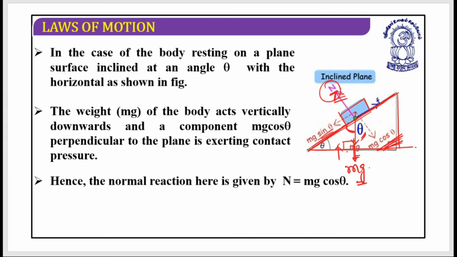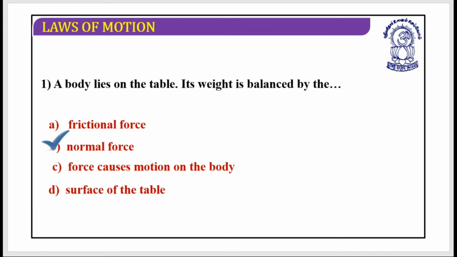Is it clear? Are you clear with the normal force? Are you sure? Let's check it out. What does it say? A body lies on the table and its weight is balanced by the... So the situation is, its mass is m. Let's apply all the forces that we know up till now.